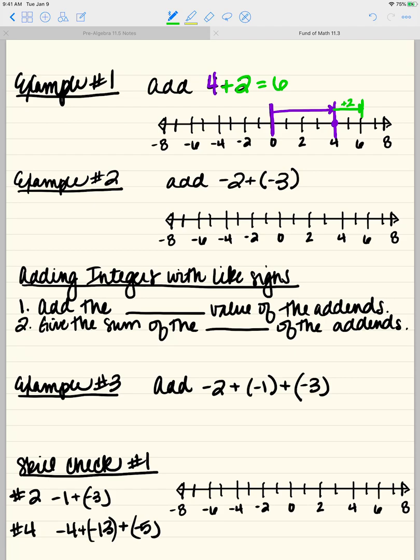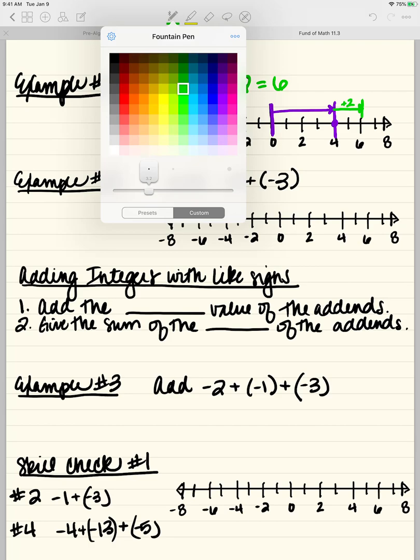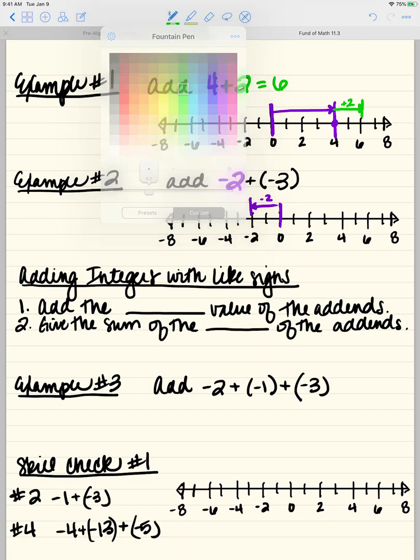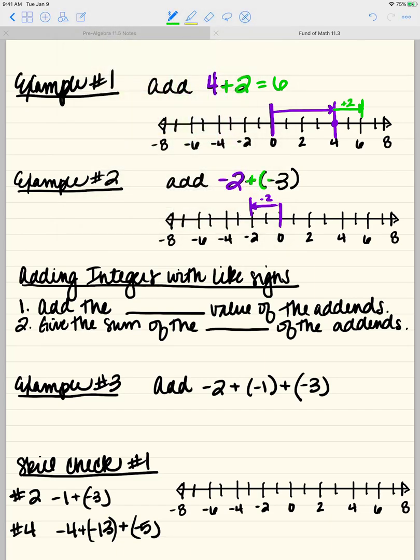How do we do that with negative numbers? Well, first and foremost, we have to remember that negative numbers move from 0 to the left on our number line. So we're going to start at 0 again to represent this negative 2 that I have here, and move 2 units to the left. So there is my negative 2. To negative 2, I'm going to add negative 3.